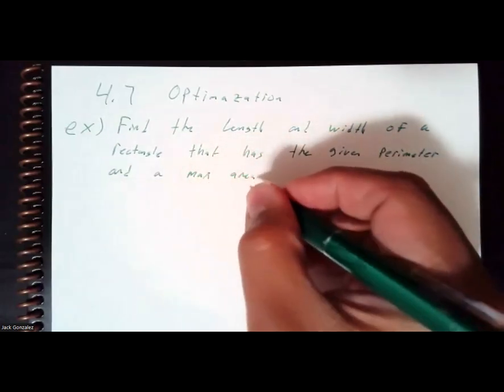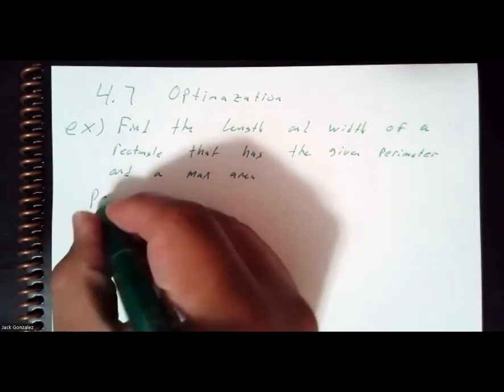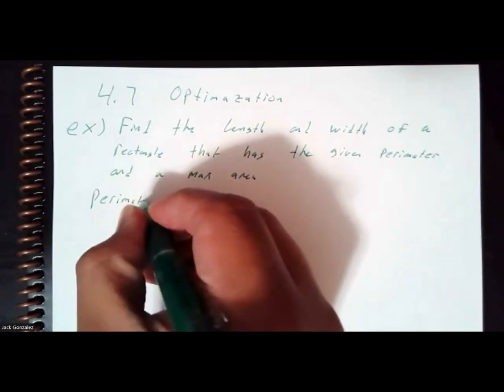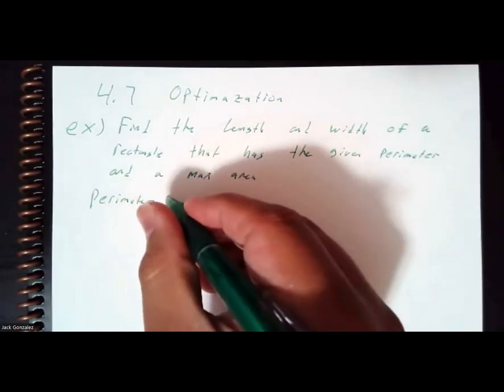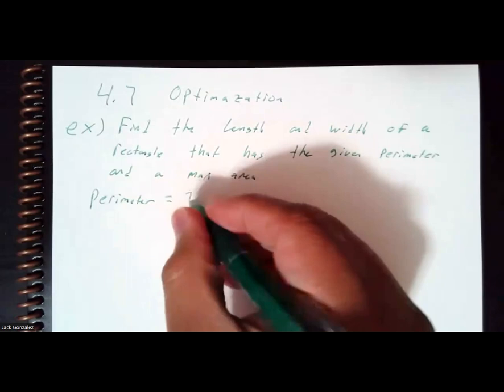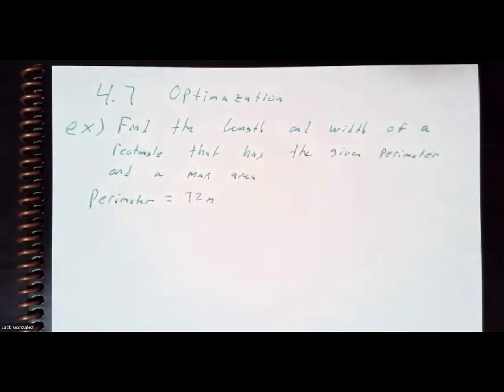In this question, they're going to give us the perimeter. They're telling us you can make it this much distance around, 72 meters. So you choose the length and the width in such a way that the area is maximized.